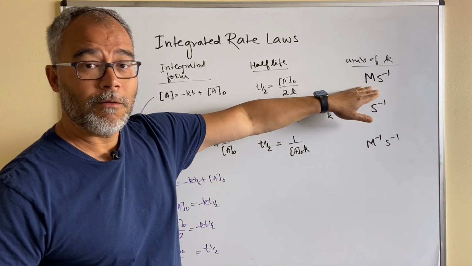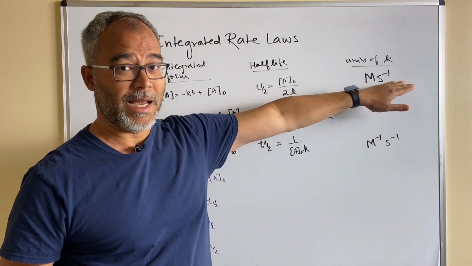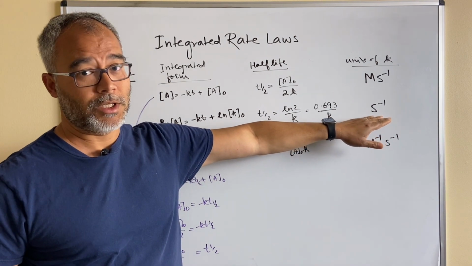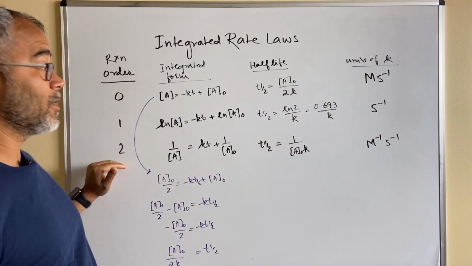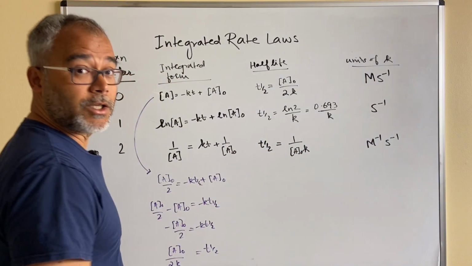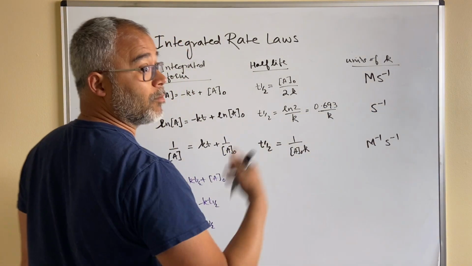The unit of k for a zero order reaction is molar per second. The unit of k for a first order reaction is only per second. There's no concentration term in it. And the unit of k for a second order reaction is actually per molar per second. These could be simplified. You may not be very familiar with the capital M used for molar.